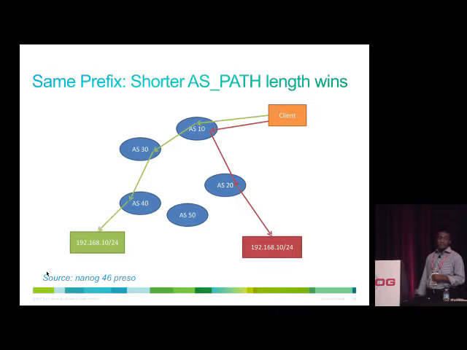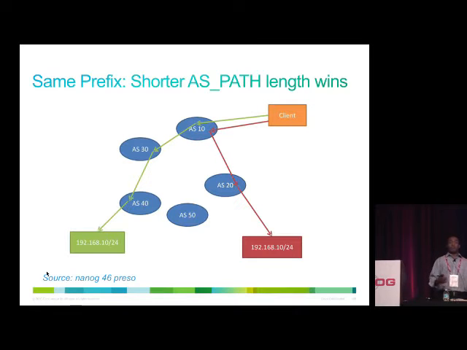In this particular case, the valid prefix owner is AS40, and AS40 advertises that prefix upstream to a client, and also AS20 advertises that same prefix with the same prefix length upstream. Now when AS10 gets it, AS10 compares the two prefixes. The shorter AS path length wins, so it sends the traffic to AS20 and gets black-holed.